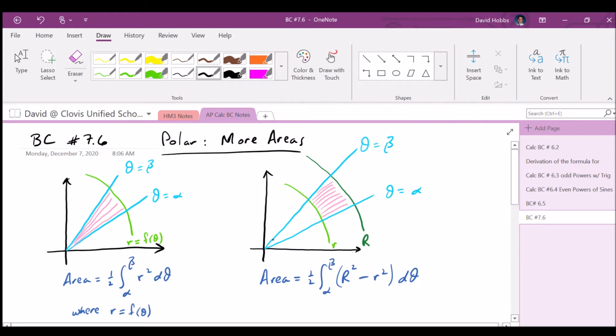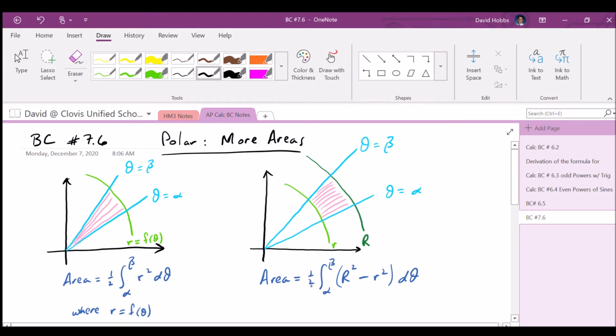Okay. Now, if you have a couple of curves, and you're not really wanting the area starting from the pole, but the area actually between the two curves, a curve shorter from little r to the big R, this should look kind of familiar to you guys because it reminds me of the washer method with volume. Of course, this is just area, but the formula is very similar to the washer method equation.